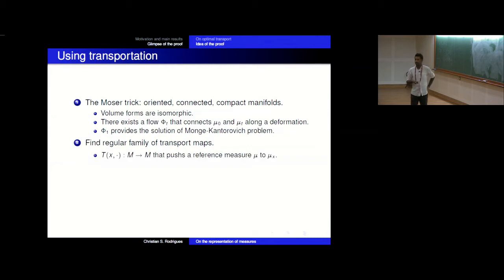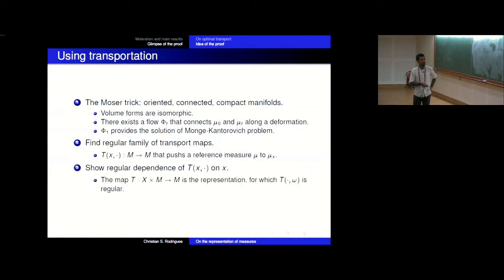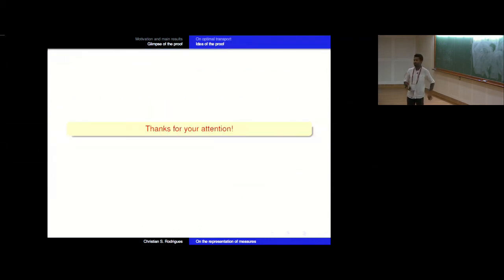And then it really amounts to studying regular dependence of ODEs, just that the ODEs are in a more complicated context in terms of vector fields. And this is what gives us the transport map that we are after. So the regularity of the dependence of the measures on x gives us the regularity of the map T that represents the measure. So I think that's what I wanted to say.